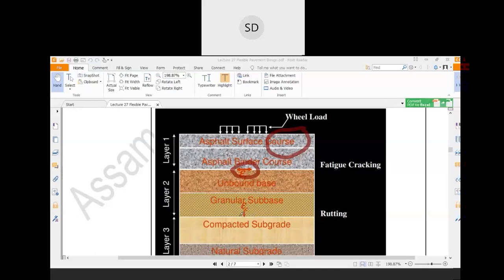And if that is the granular subgrade, beneath the granular layer the compressive strain will be generated, and that will ultimately affect the rutting criteria.